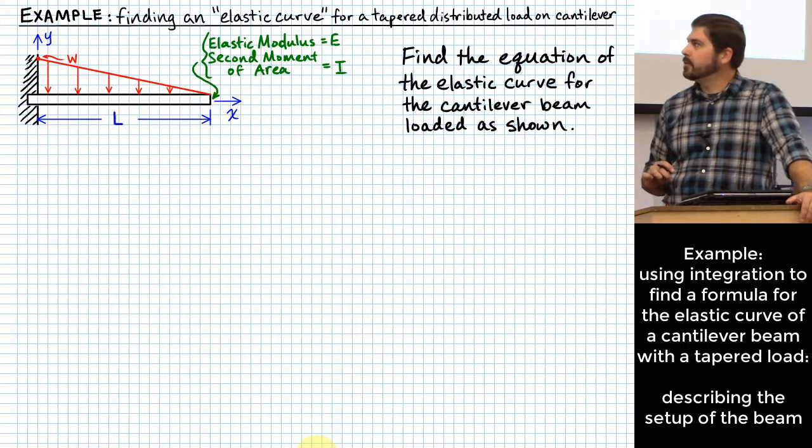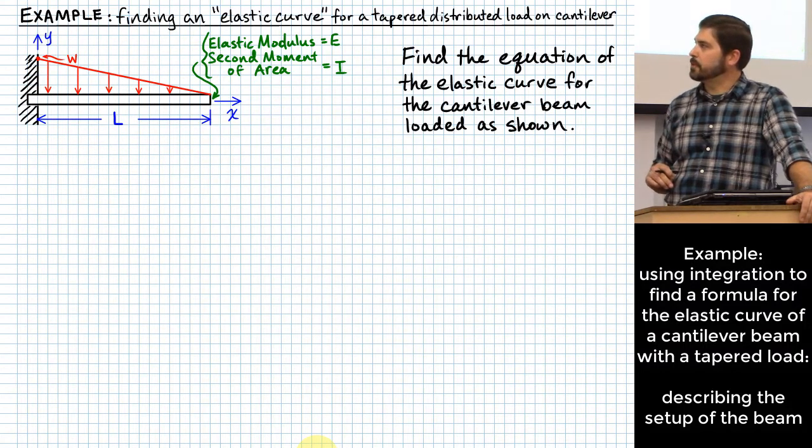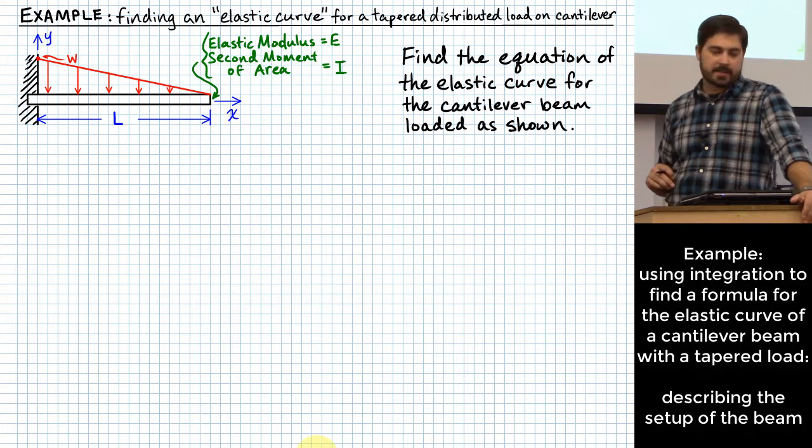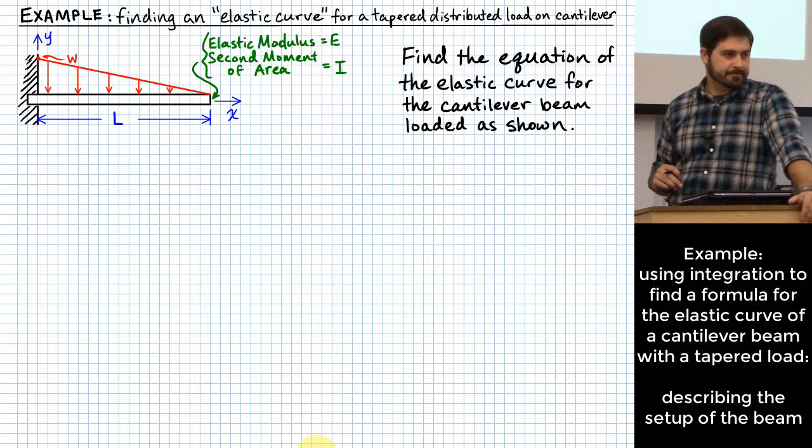Okay? We'll say that we know that the elastic modulus of the beam material is E, and the second moment of area for the beam's cross-section is I, just to have variables for those. The length of the beam is L. We're supposed to find the equation of the elastic curve for the cantilever beam that is loaded like we have it here. Okay?